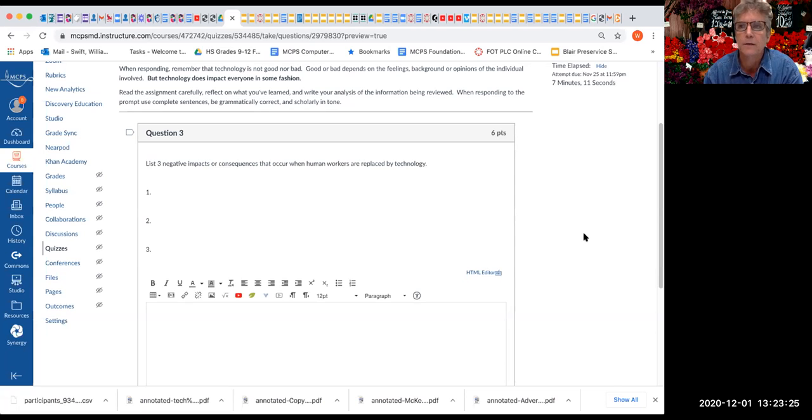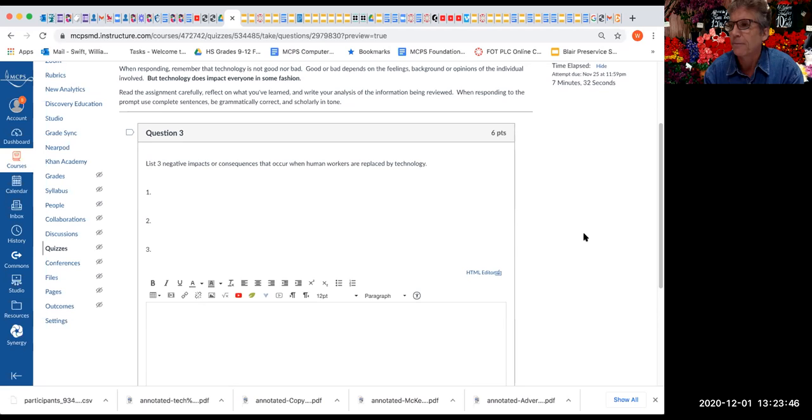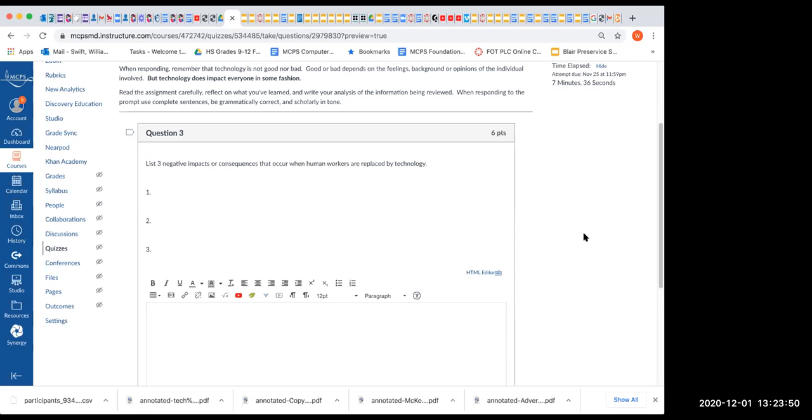So why would they do it? Why are you replacing workers with technology if it costs more than the workers to start with? Anyone? Here, we'll try my magic picker. Foster? Maybe because technology works faster.